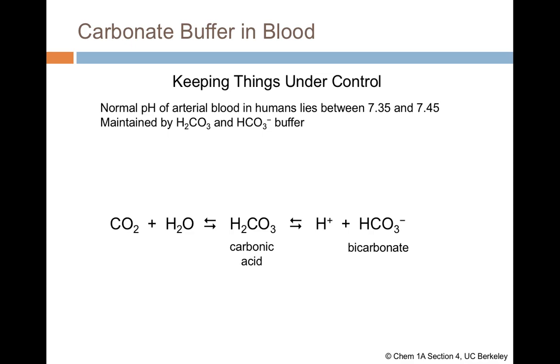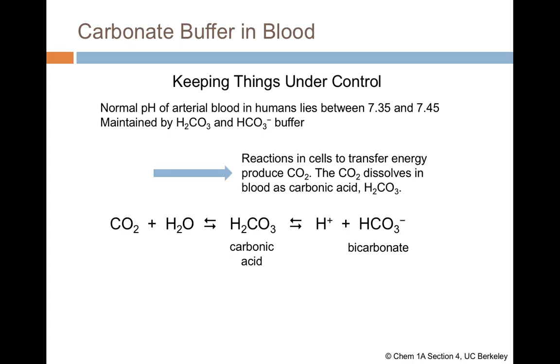And so in order to keep arterial blood at this pH, we have a buffer solution made up of carbonic acid, H2CO3, and its conjugate base, bicarbonate, HCO3-. As you notice here on the slide, carbonic acid is also in equilibrium with carbon dioxide, which can dissolve in the water that makes up our blood to create carbonic acid.